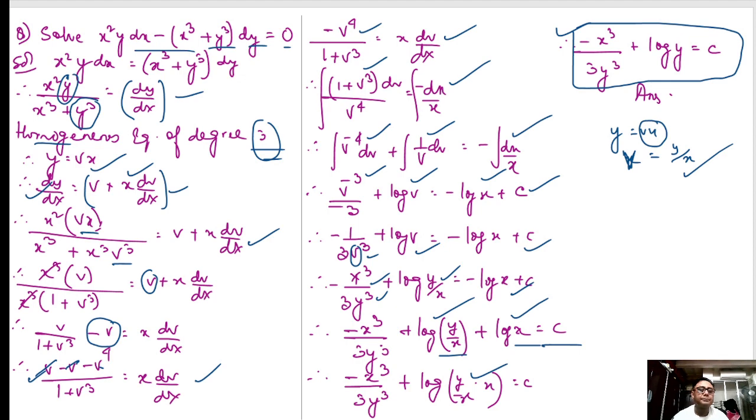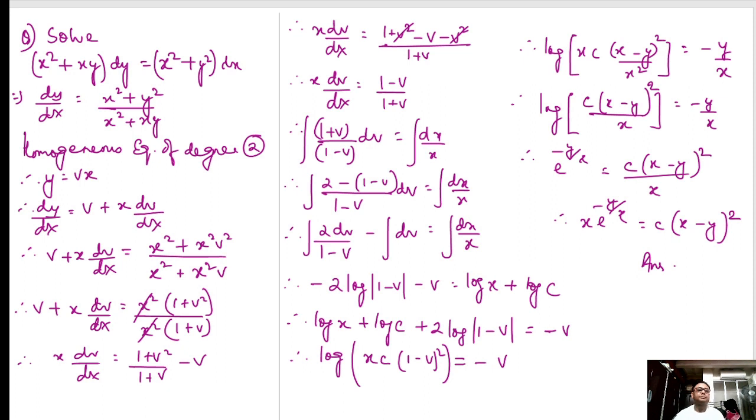Next, solve this equal to this. So we are separating the x and y components, we are getting this, and we see that the degree at the top is actually 2, 2, 2 and 1 plus 1, which is 2.